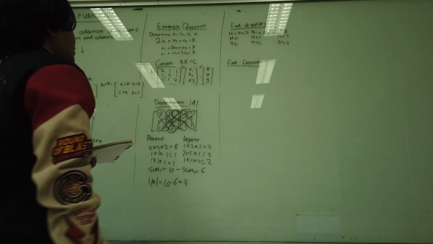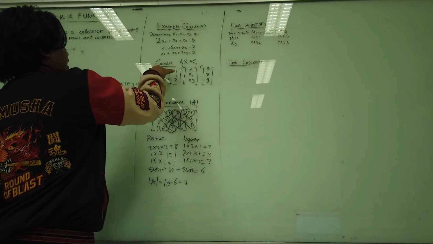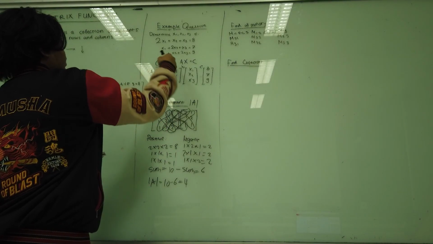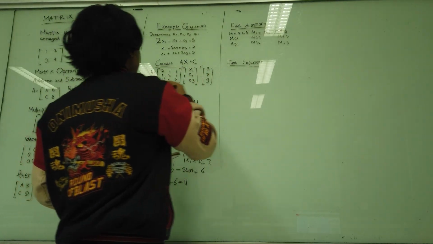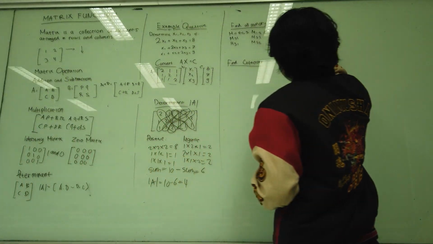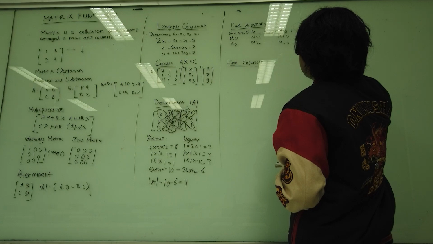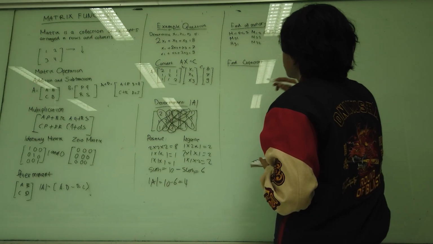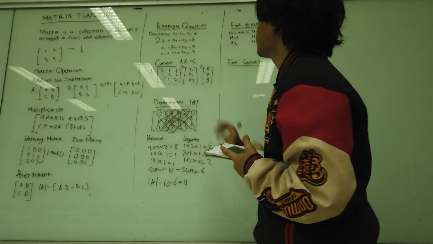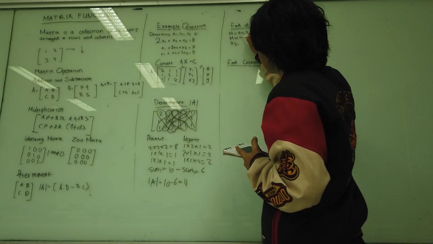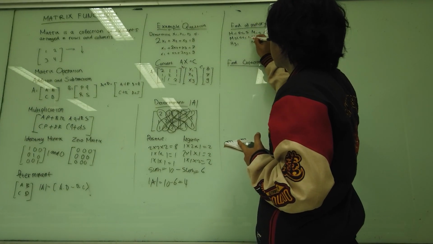And then M13, similar to before, the first row and the third column, we get 1, 2, 1, 1. So 1 minus 2 equals minus 1. Again, 1, 1, 1, 2. 2 minus 1 equals 1.